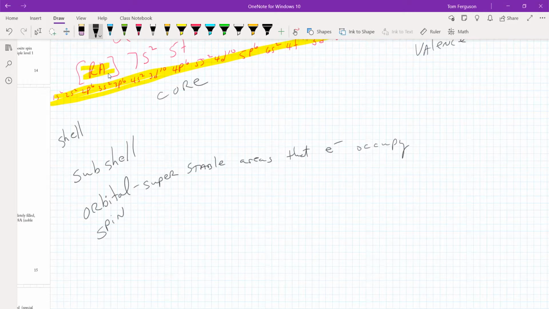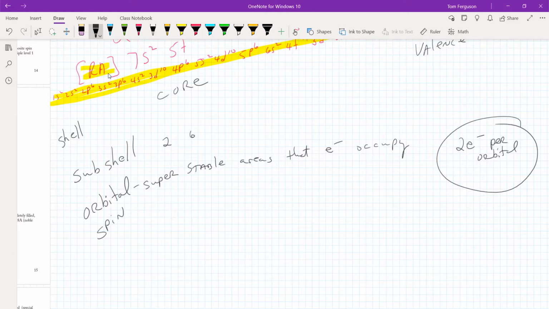And in those super stable areas, you can only have 2 electrons per orbital. Remember, the subshells have 2, 6, 10, and 14. So if the subshell has 2 electrons possible in it, how many orbitals would that subshell have?